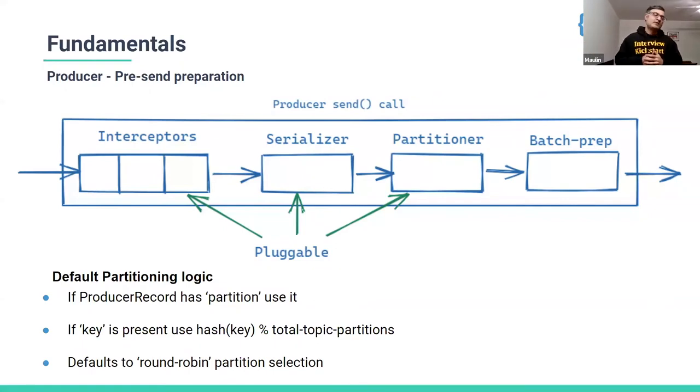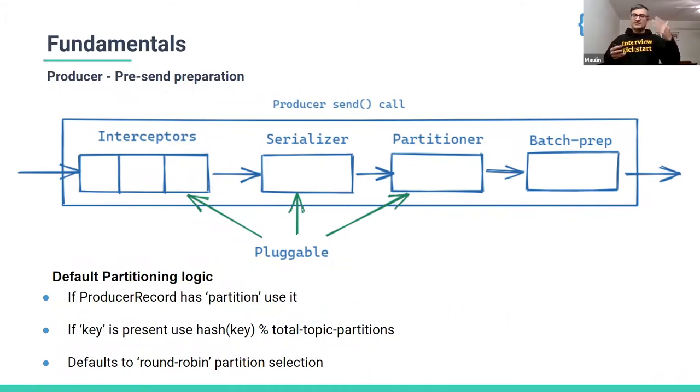And then it is followed with a partitioner call, which is also a pluggable class, but there is a default implementation. That pluggable class is basically going to determine, given each message, which target partition it will go to. And the last bucket here is the batch preparation, because Kafka doesn't send one message at a time to the broker. So it batches the messages that you keep sending.